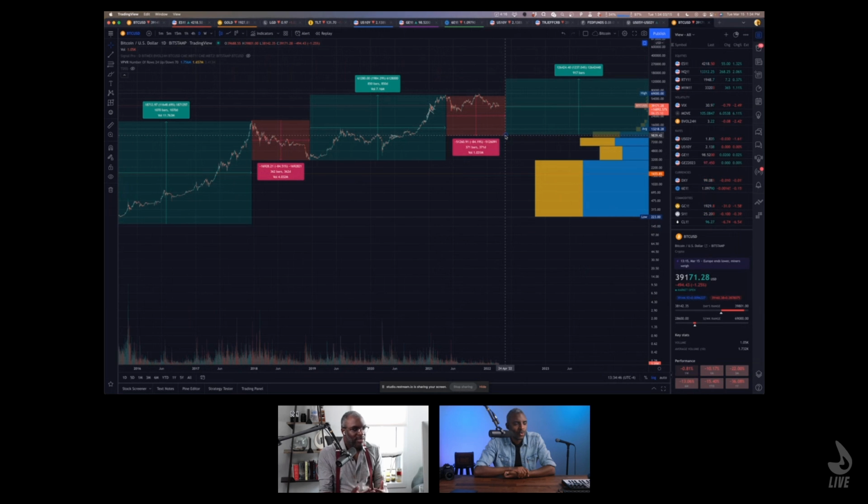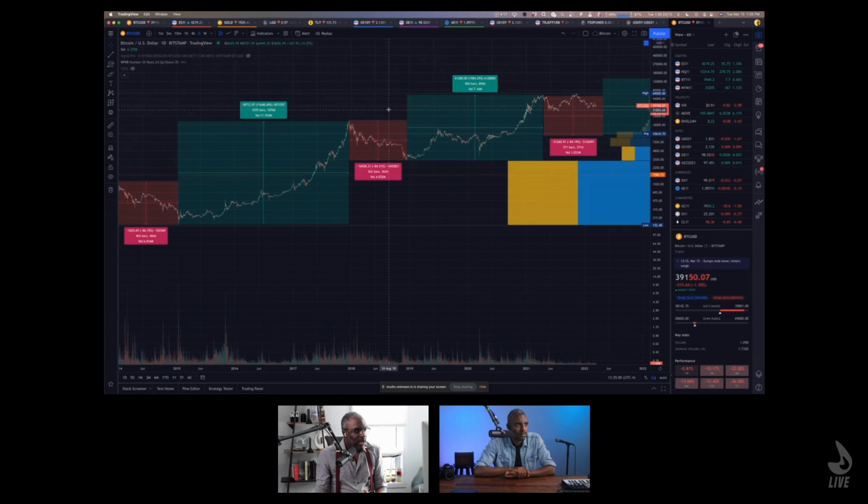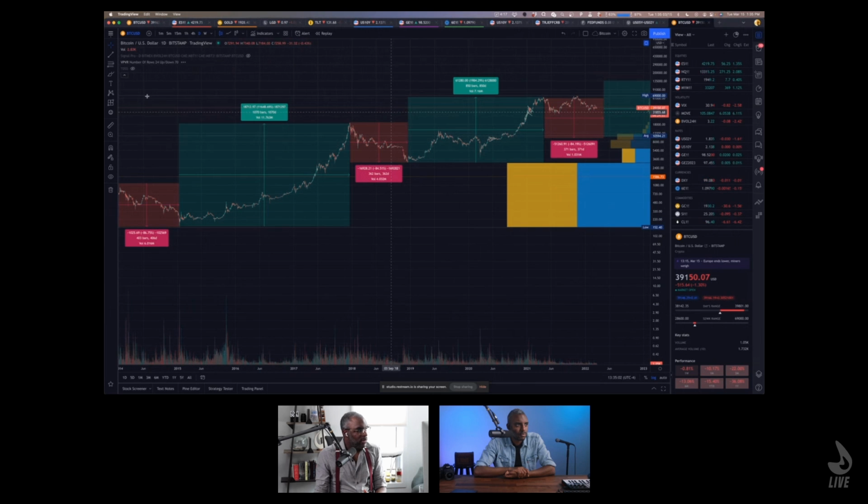So the question is, with monetary conditions tightening so much, is it likely that we've actually seen the bottom in crypto? No. Just like over here, when you see this huge drop off, if you thought that this was the bottom, no, there was still more bottom coming in.